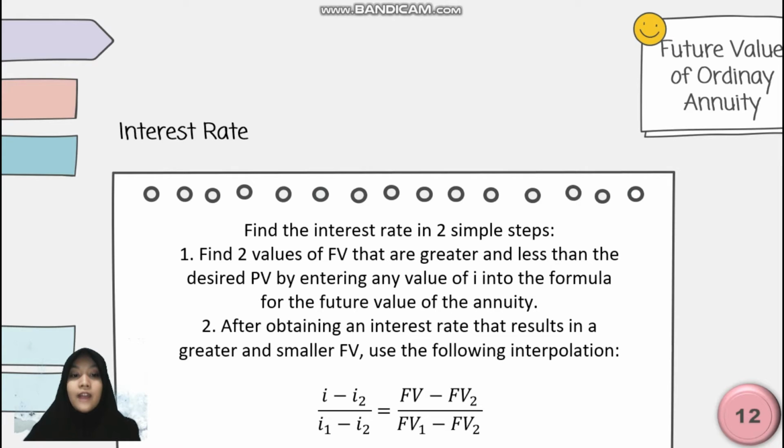And then, after obtaining an interest rate that results in a greater and a smaller FV, use the following interpolation: i minus i2 divided by i1 minus i2 equals future value minus future value 2 divided by future value 1 minus future value 2.